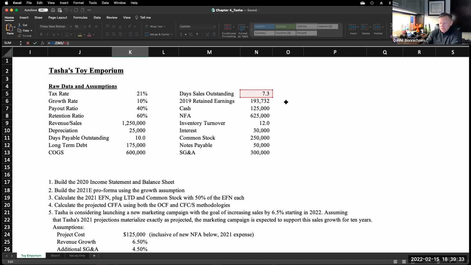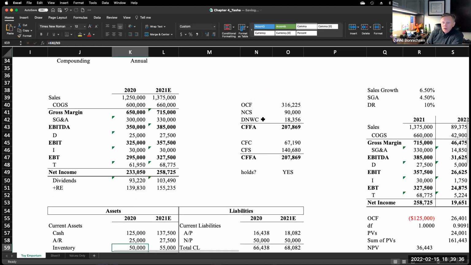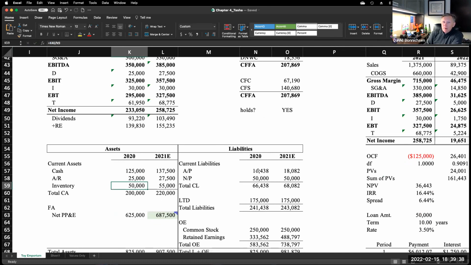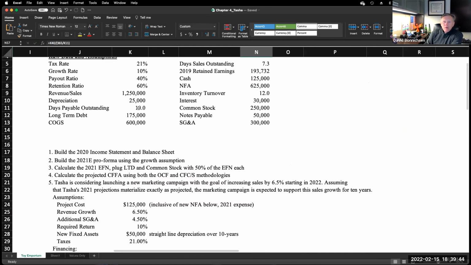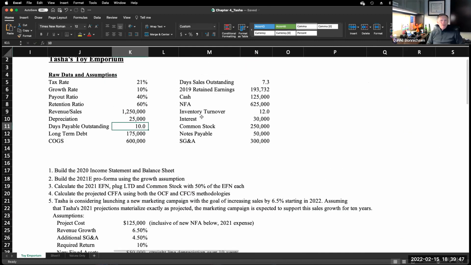Just like Liam said with AR, we can do the same thing with accounts payable, where we're given the number of days payable outstanding, and we need to solve for accounts payable using the exact same formula.